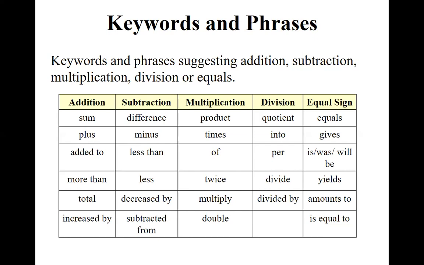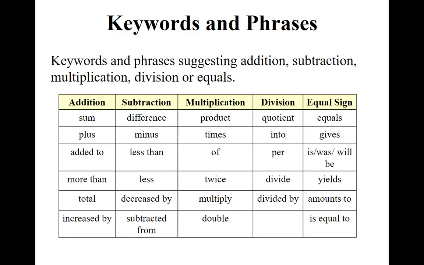And remember, those addition words, because we can add in any order, there's no order attached to them. Unlike the subtraction words, where order is going to matter. We have difference, minus, less than, decreased by, less, and subtracted from.